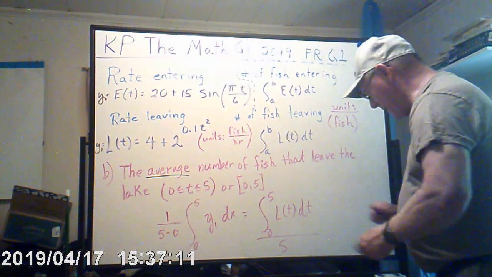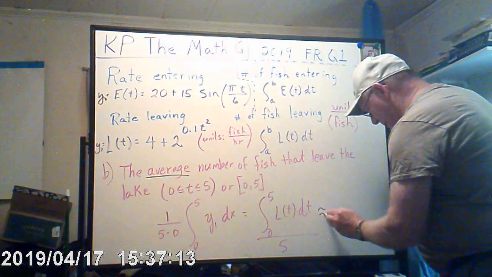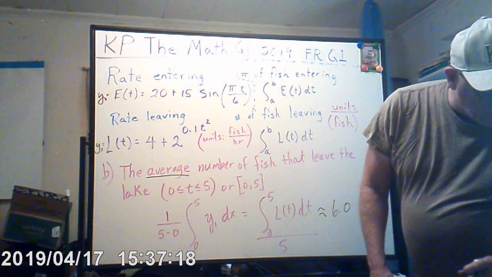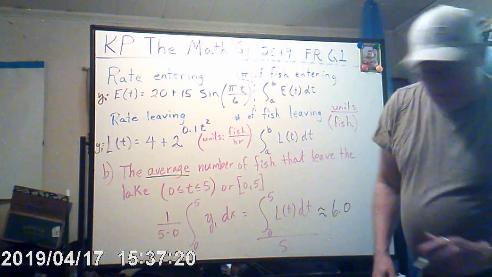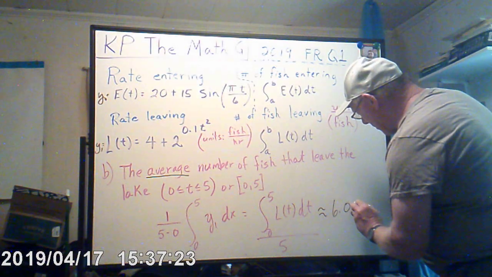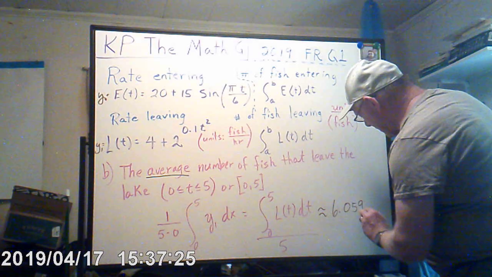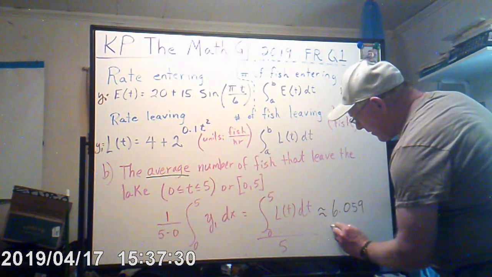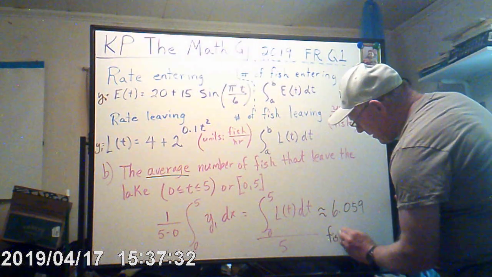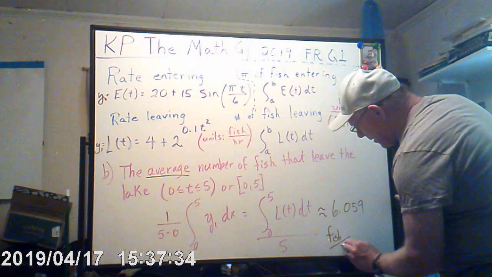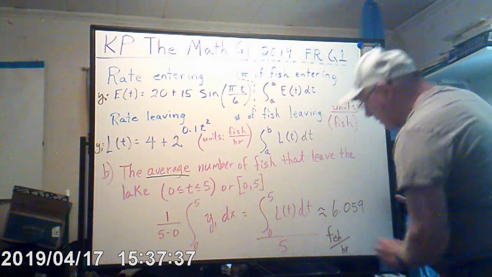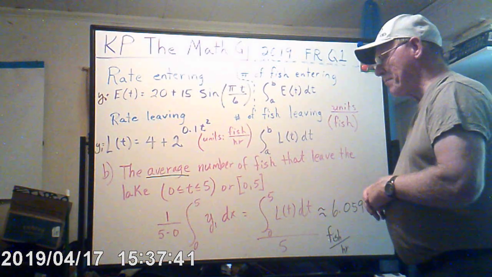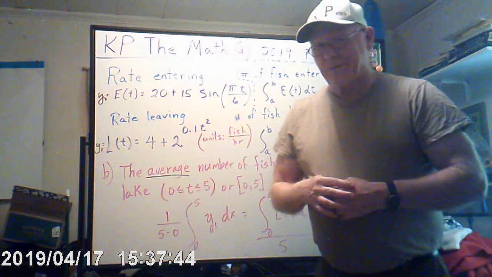So this is about equal to 6.059, and just so you let them know that you understand what the units are, fish per hour. Okay, there it is, and that's letters A and B out of this.